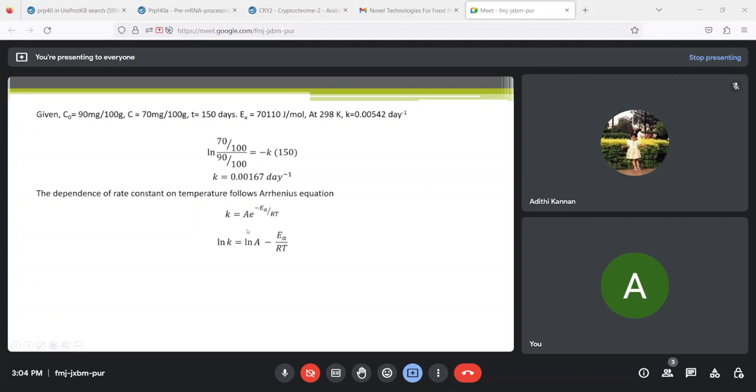If you have already at a particular T1 a K1, that can be given as ln K1 is equal to ln A minus Ea by RT1. Since A is a constant, it will not depend upon temperature. A is fixed for a particular kind of food product that you are dealing with.